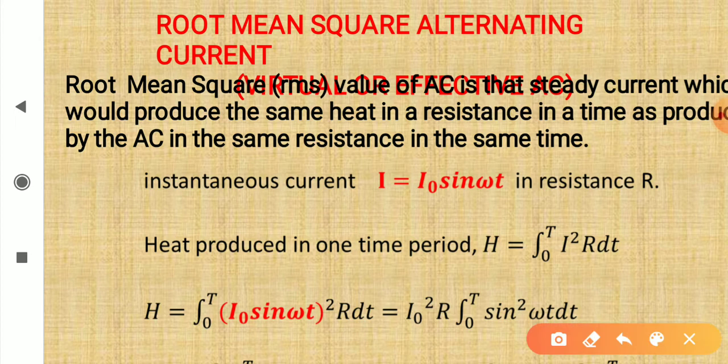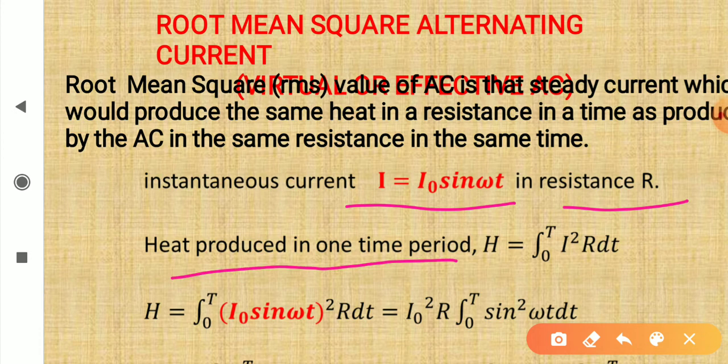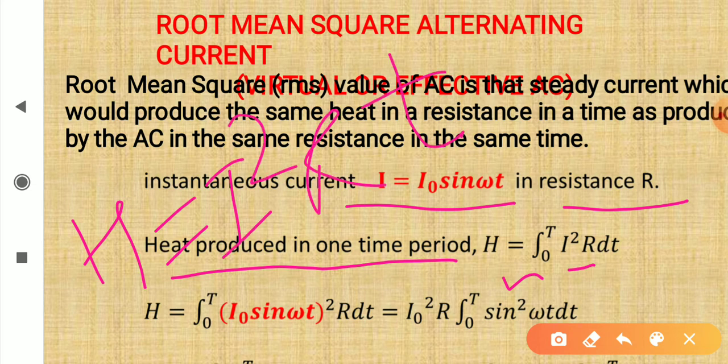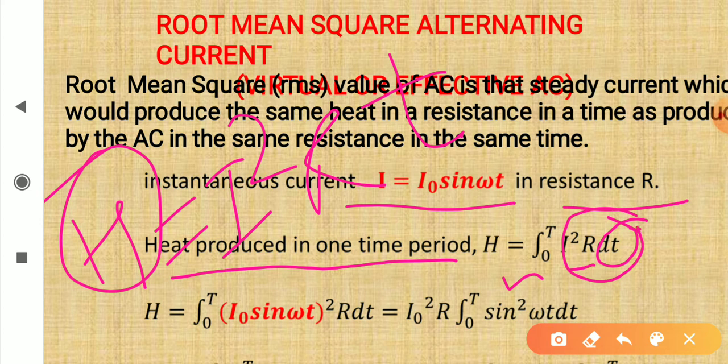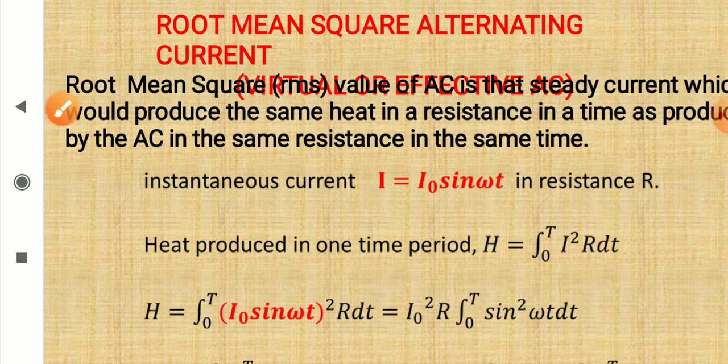Let us assume that this current AC, I equal to I naught sine omega t, is passing in resistance R. Then heat produced in one time period will be equal to integration of I square R dt. See, you know that the relation for heat is I square R time T, and since it is variable, if the time is dt, then heat produced in small time will be I square R dt, and we want to find out the total heat produced in one time period. So integrate it from 0 to T. I hope you understand.